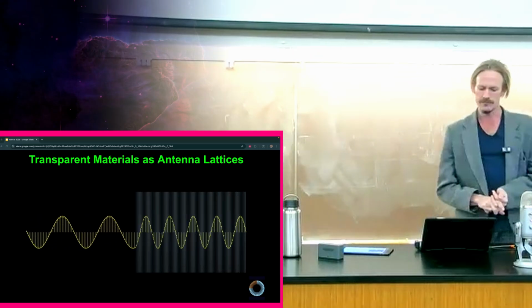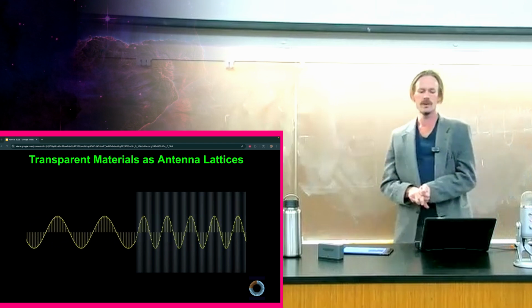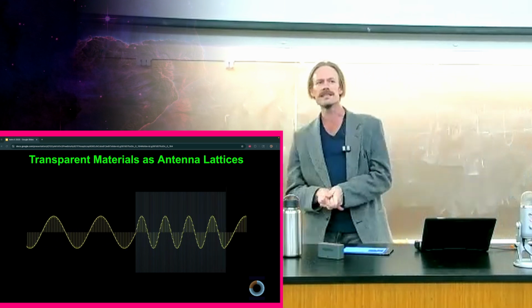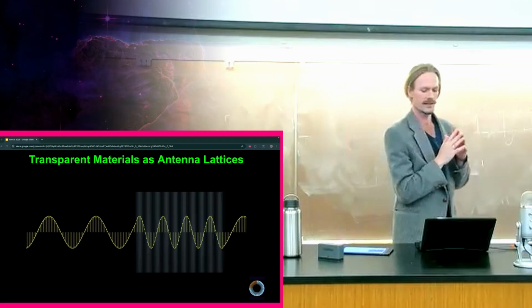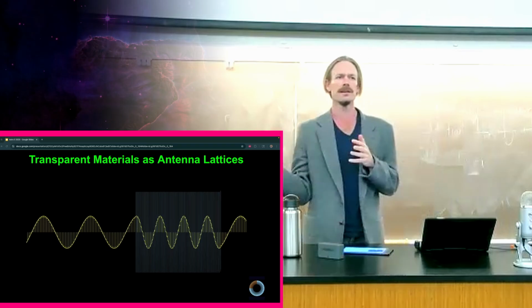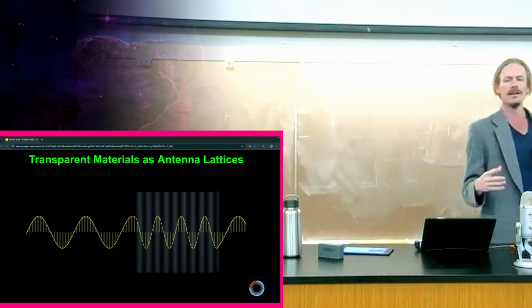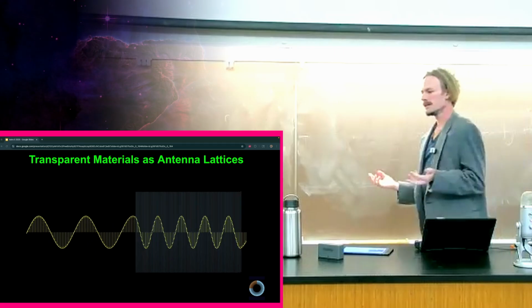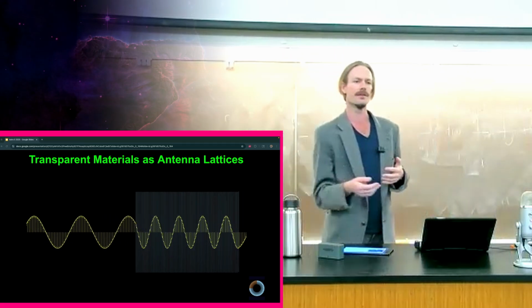If you're just measuring the speed by the motion of the wavefronts, it looks like it's slowing down. This is totally an illusion, is the point I'm trying to make here. Because the reality is that as soon as it stops being interfered with on the other side, as soon as there's not a lattice to fight back against it, the light peaks appear to be traveling at the normal speed.